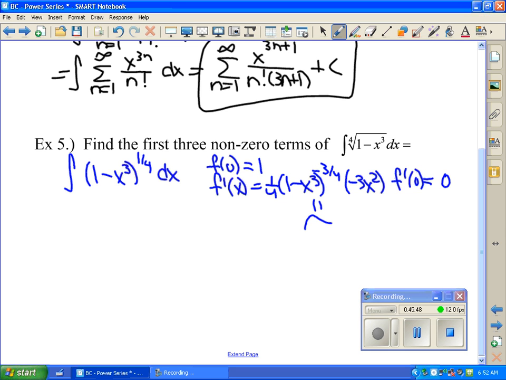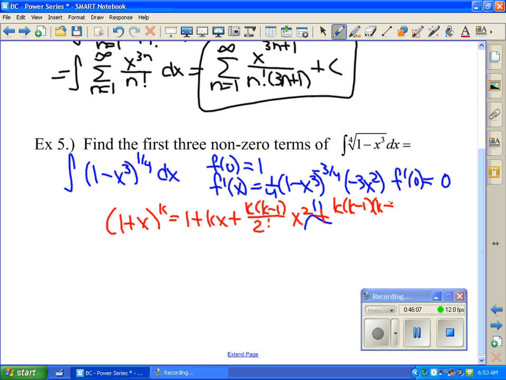So instead, I'm going to use our binomial expansion idea to review binomial. Binomial was if you have 1 plus x raised to the k power, this is equal to 1 plus kx plus k times k minus 1 over 2 factorial x squared plus k times k minus 1 times k minus 2 over 3 factorial x cubed, and so on and so forth.